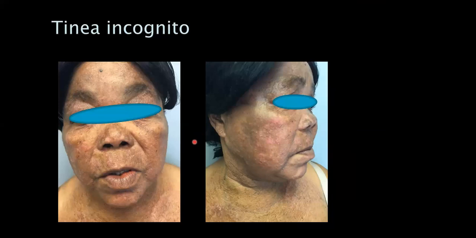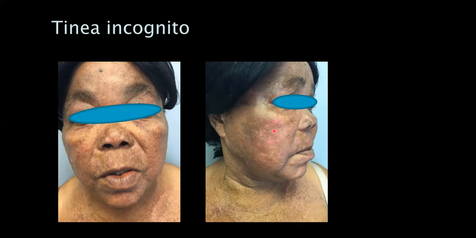Now, things get a little bit tricky because patients will start and try to use some form of an over-the-counter topical agent. And the most easily attainable topical is usually a topical steroid. So patients sometimes may come in presenting with tinea incognito, where the patient will present with this disfigurement, and they don't present with that classic annular lesion.